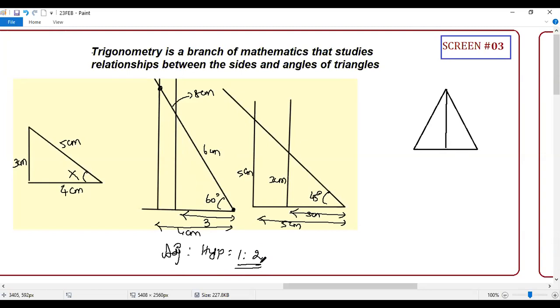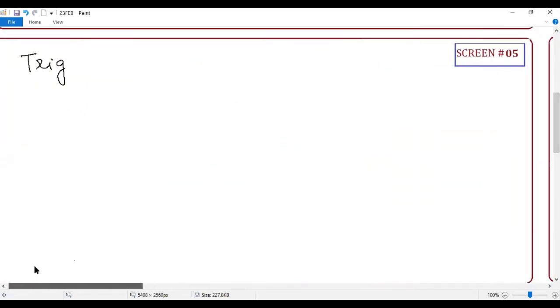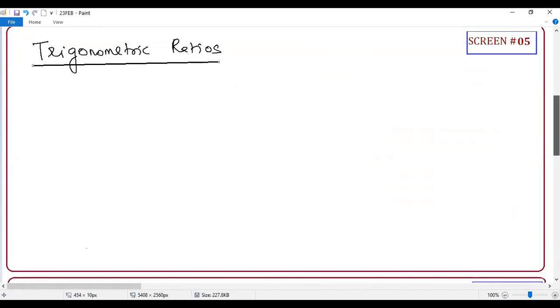So guys, since we have three different sides, I'm going to call these trigonometric ratios. Just to create understanding of the magic, I showed you a relationship between the sides.